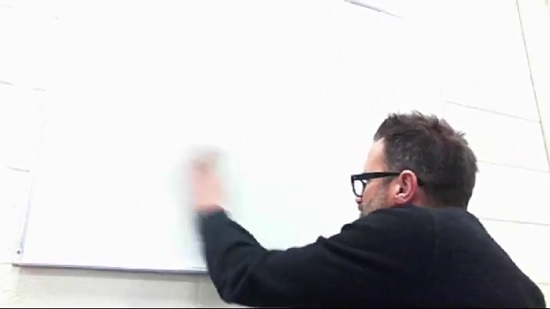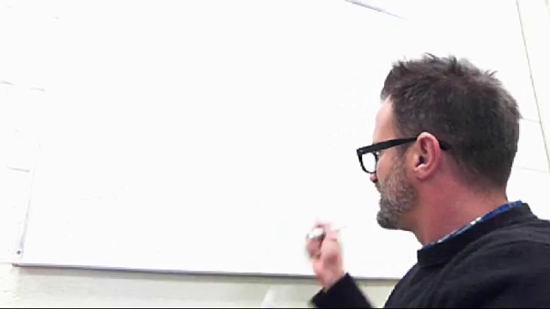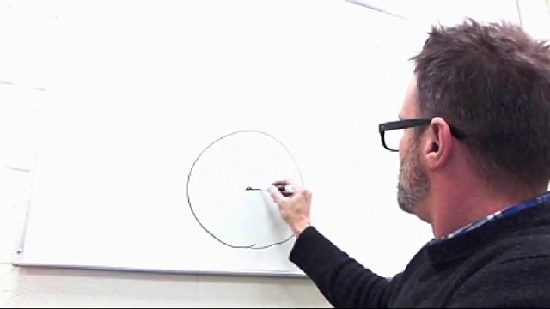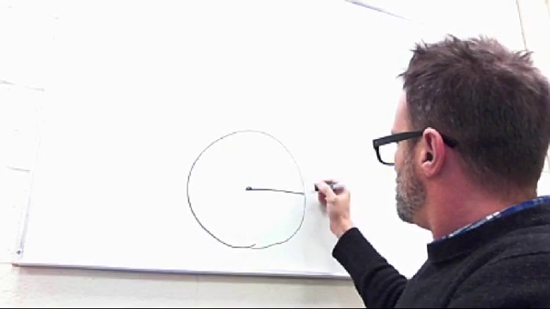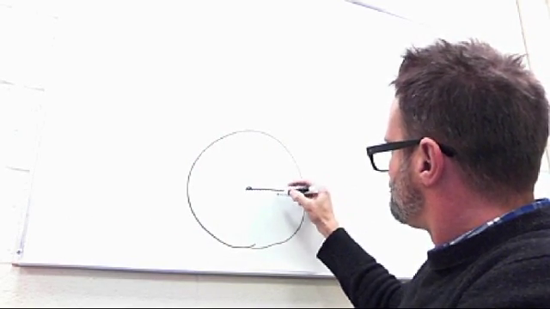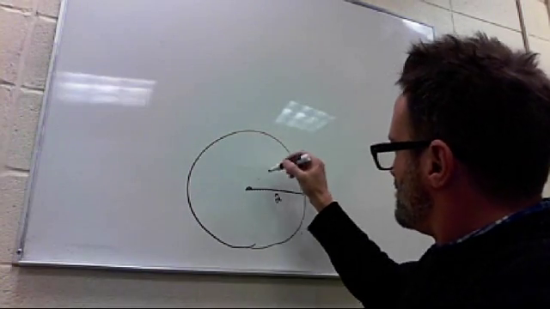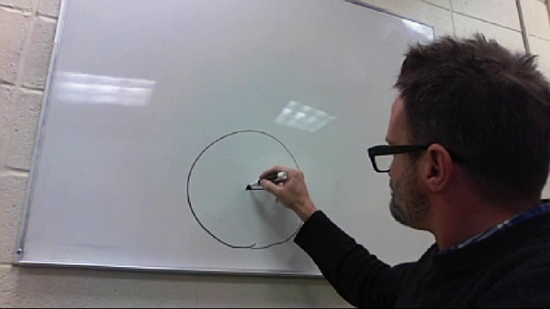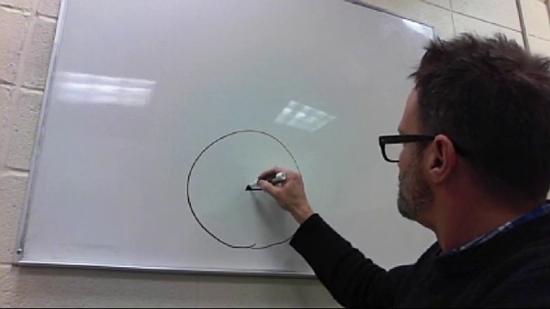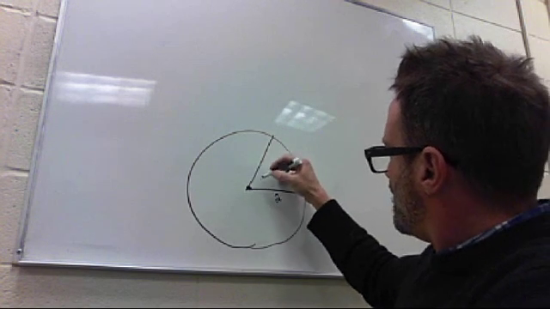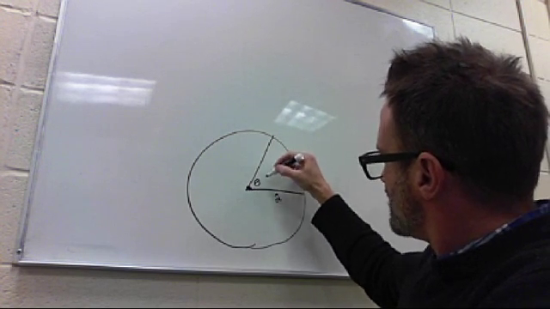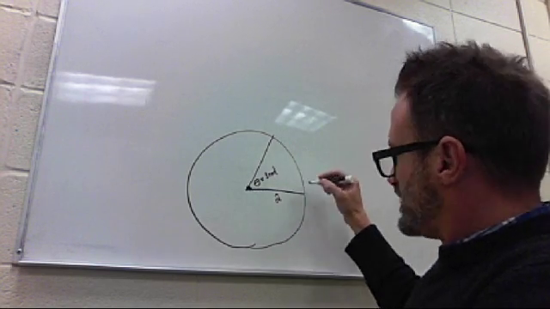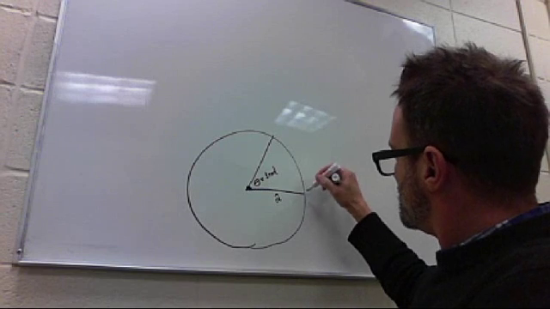Let's say now that we have a circle with a radius of 2, and that we have another ray in this circle that forms an angle of 1 radian, and we ask, what is this length?